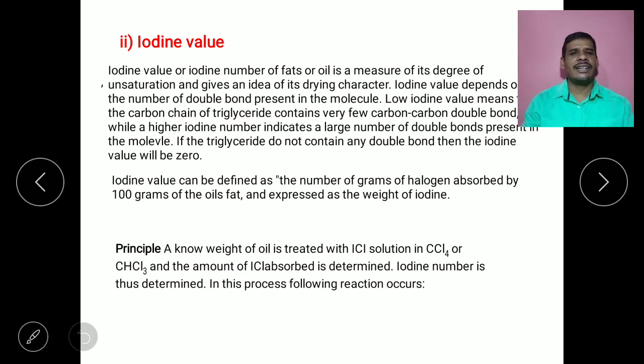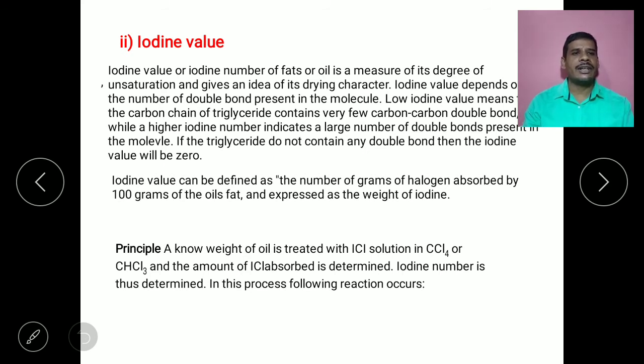So carbon tetrachloride or chloroform is used as the solvent, and ICl, iodine monochloride, is used as the reagent for determining the iodine value.